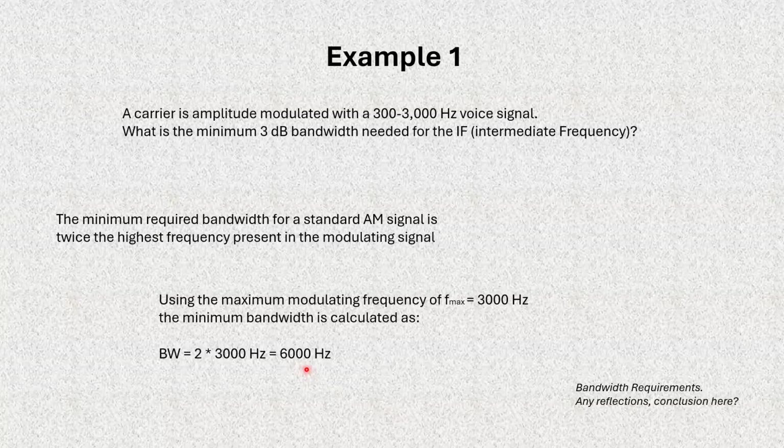And the 6000 hertz is required whether that signal is on a carrier that is coming into the antenna. So it's a somewhat tricky question. That's coming into the antenna, or the same bandwidth is needed for the IF, intermediate frequency.